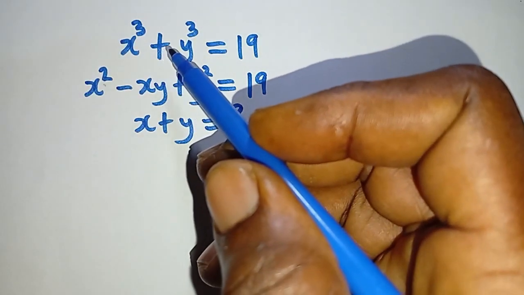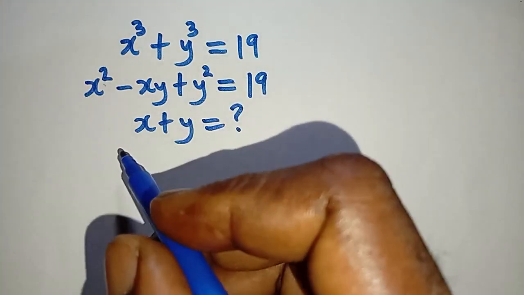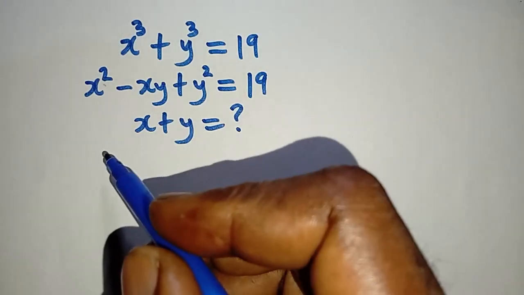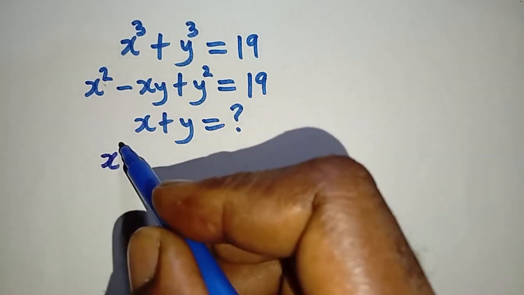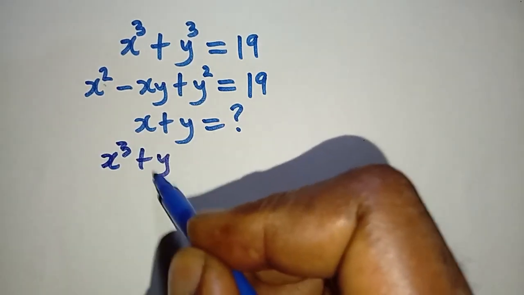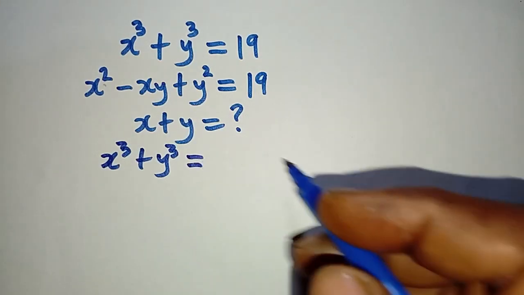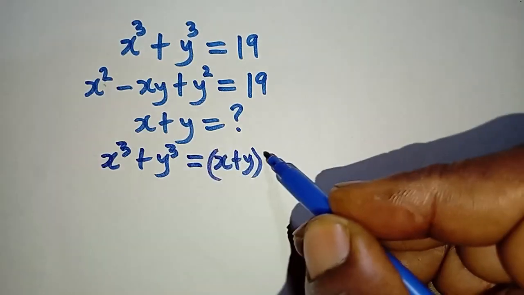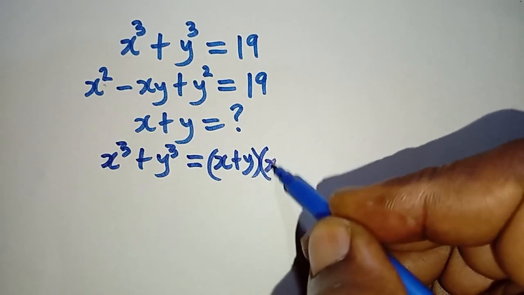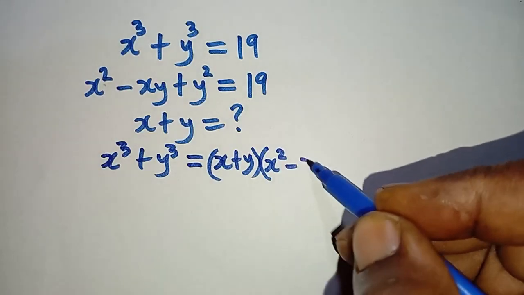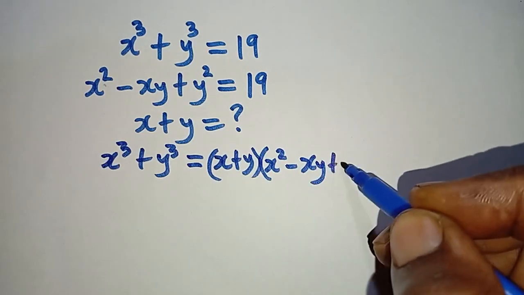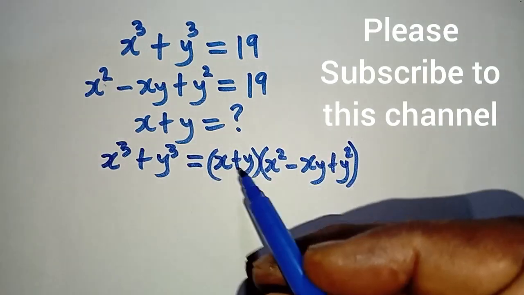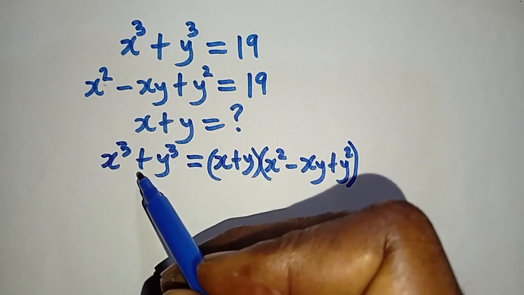Now, x cubed plus y cubed can be expressed as, let me write it fully, x cubed plus y cubed is equal to x plus y all multiplied by x squared minus xy plus y squared. So if you look at this equation now, if you expand this, it's going to take you back to this.